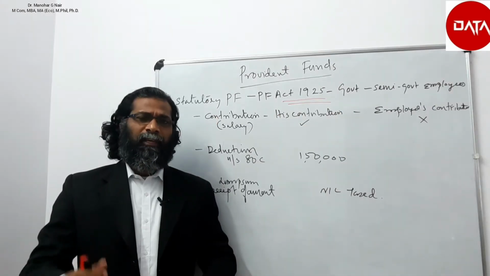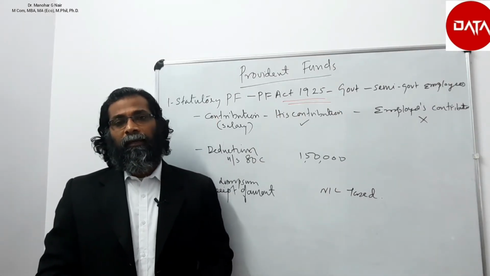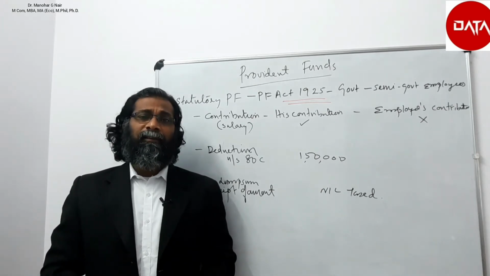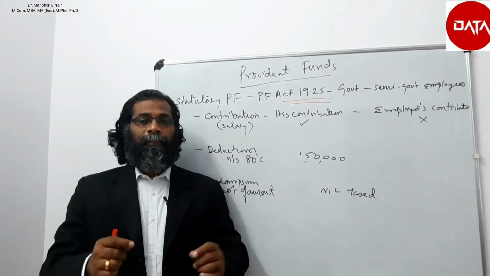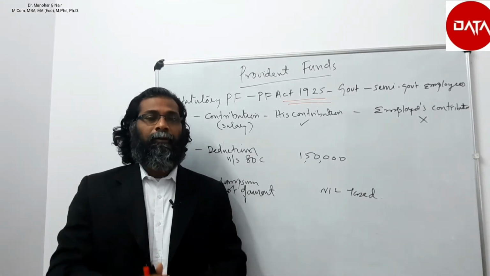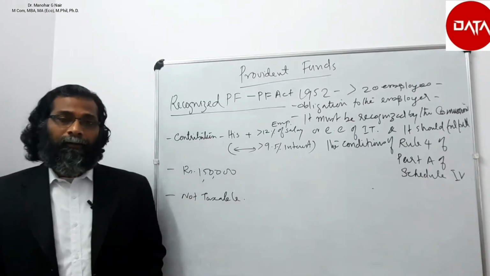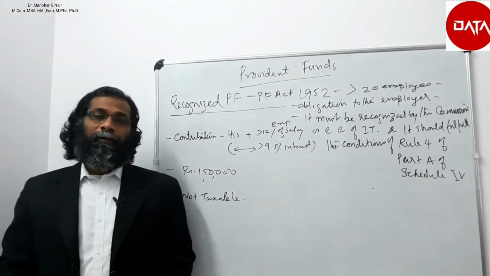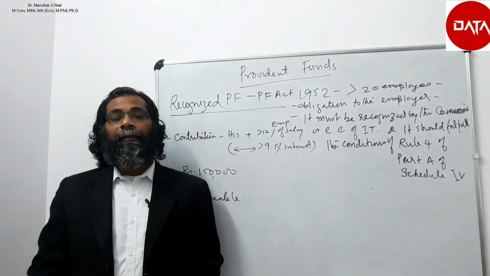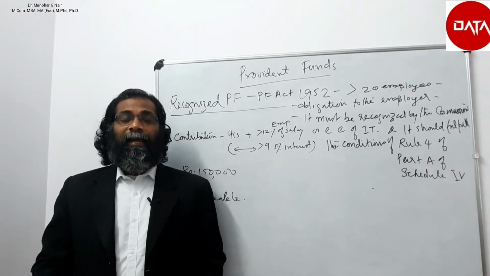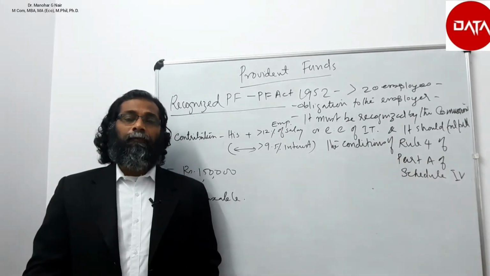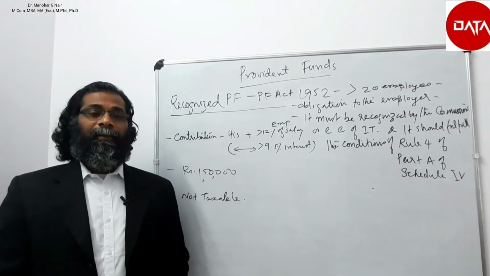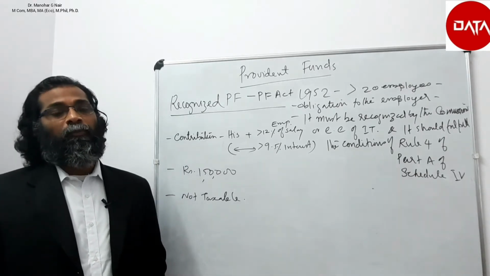With respect to the Recognized Provident Fund, the Provident Fund Act 1952 applies. That is the second type of Provident Fund. Any Provident Fund set up under the Provident Fund Act 1952, and recognized by the Commissioner or Chief Commissioner of Income Tax, is said to be a Recognized Provident Fund.